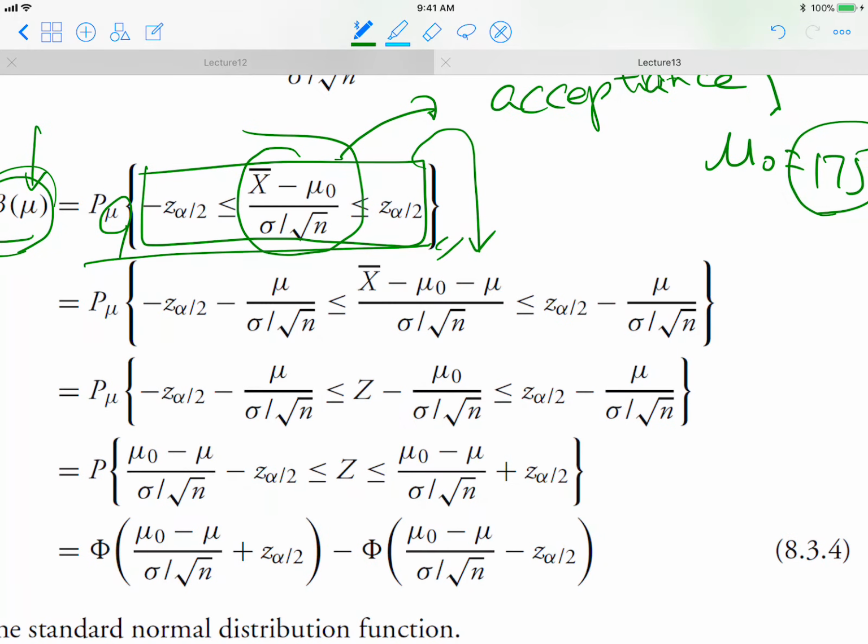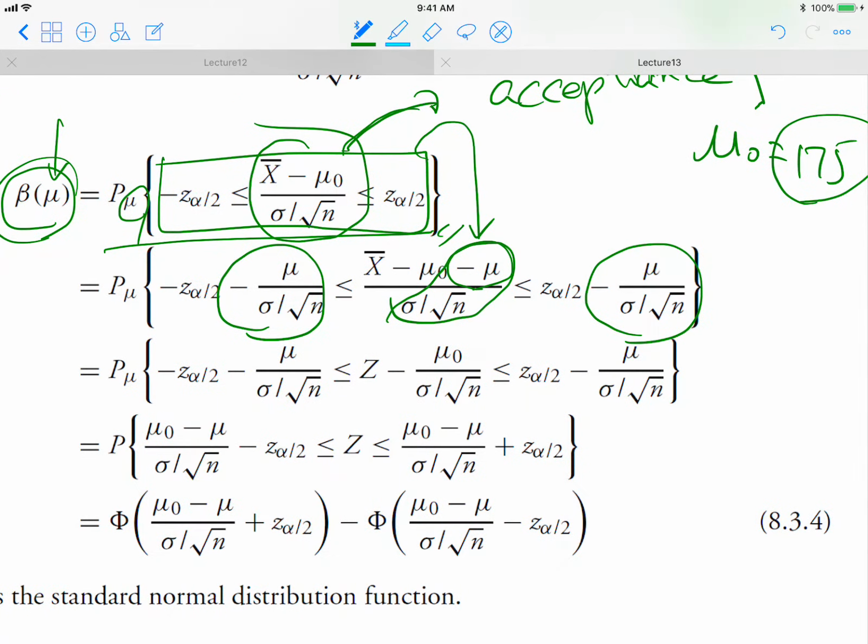And so you have to manipulate this guy a little bit, in order to introduce this mu, and then we put minus mu, and then we have this minus this part. Okay, and then this part, except for the middle one, will now become the standard normal random variable, right?